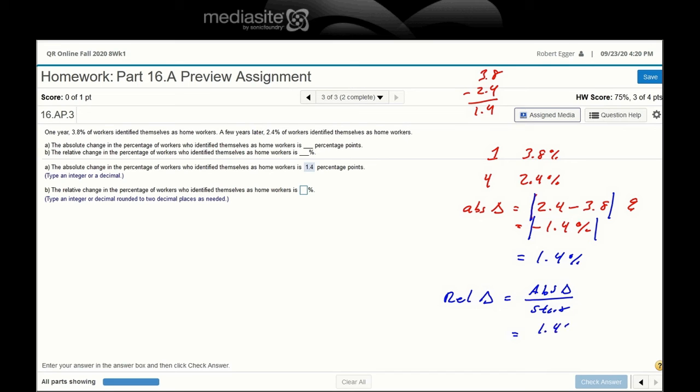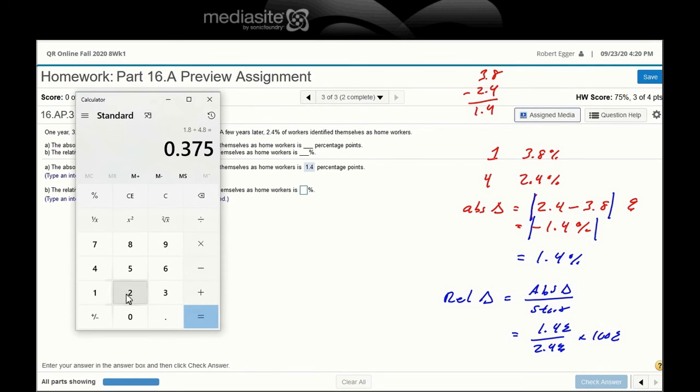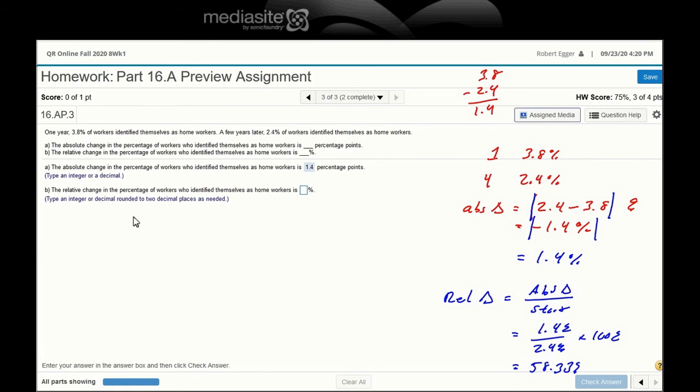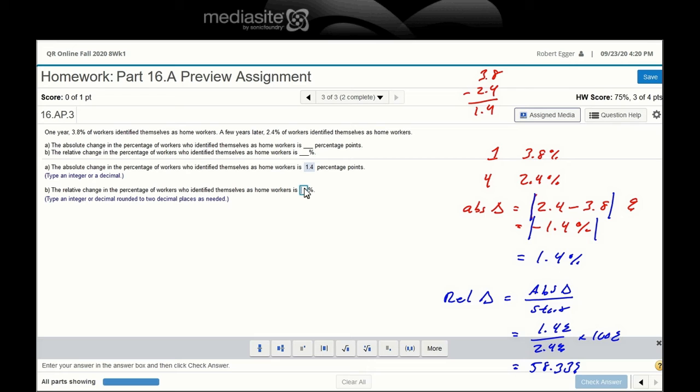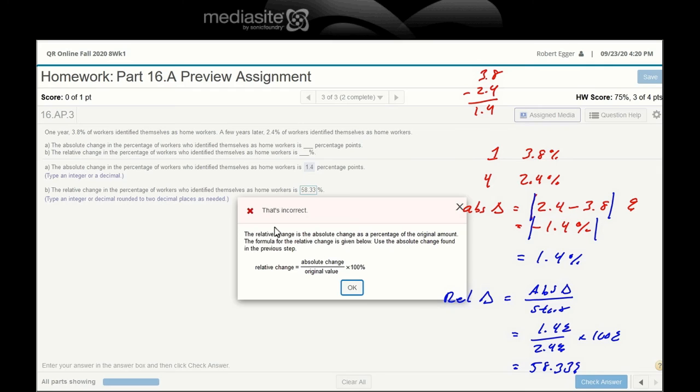So 1.4% over 2.4% times 100%. 58.33%. 2 decimal places. Okay.